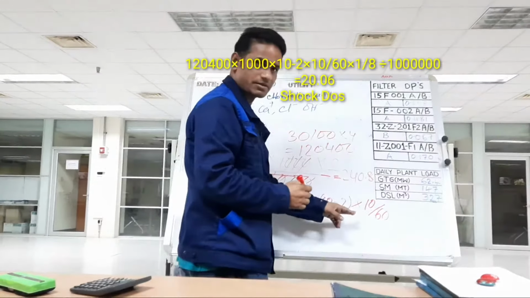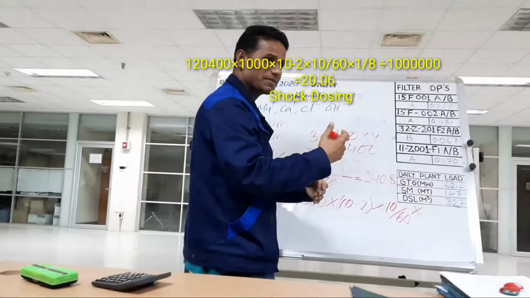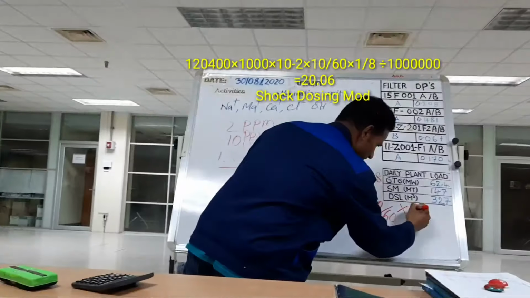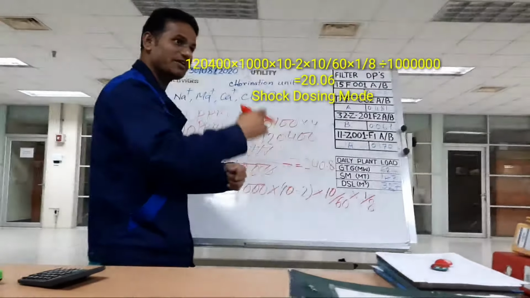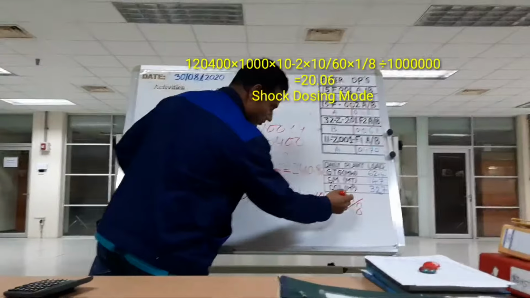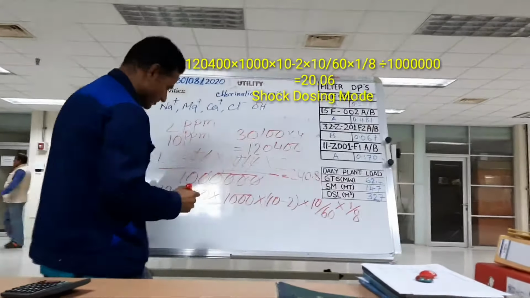Clear? It will run how much time? Every 8 hours, so 1 by 8. One cycle starts every 8 hours. Since this is ppm, divide by 1 million.